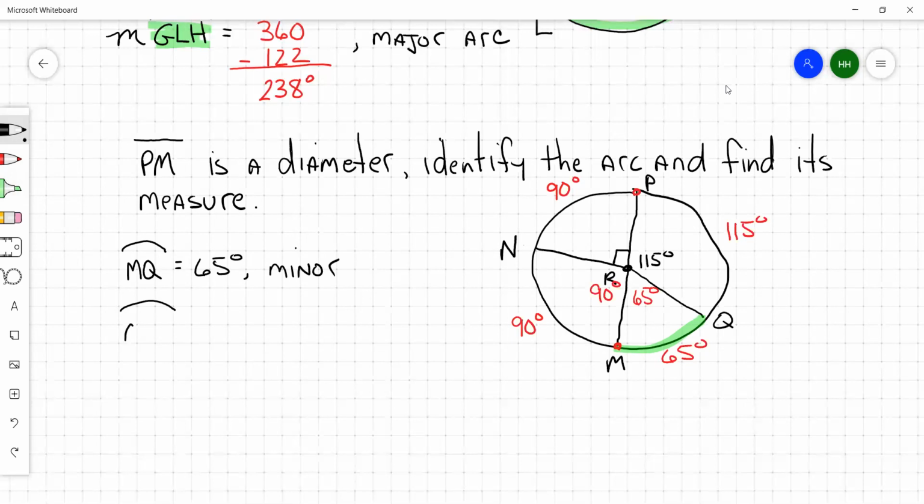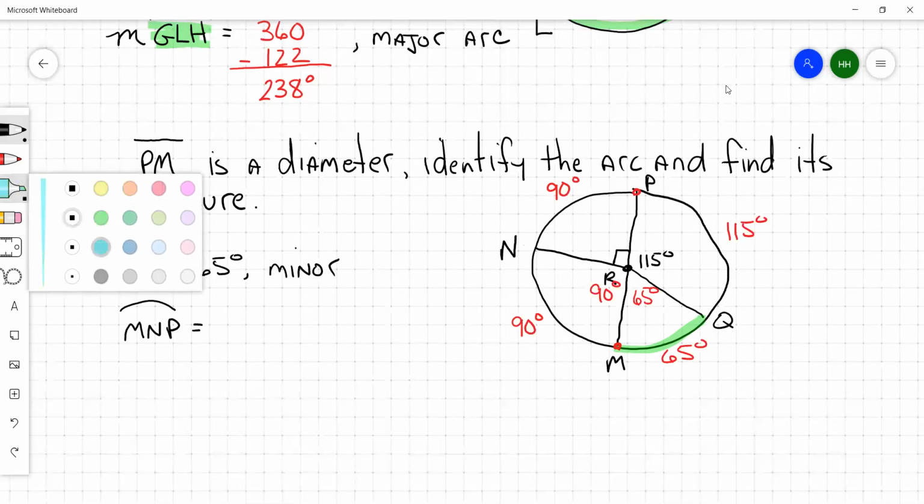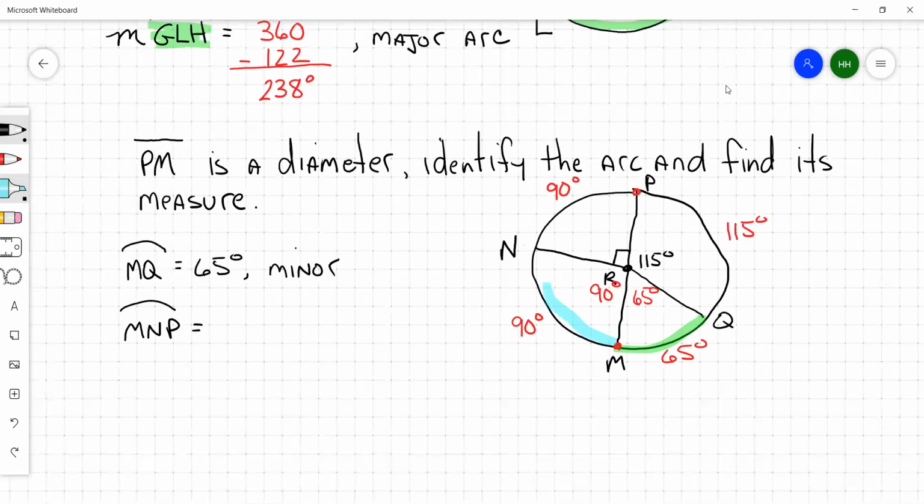Arc MNP. Some blue. MNP. Oh, right there. That's a tough one. MNP. That's 180, right? That's a semicircle.